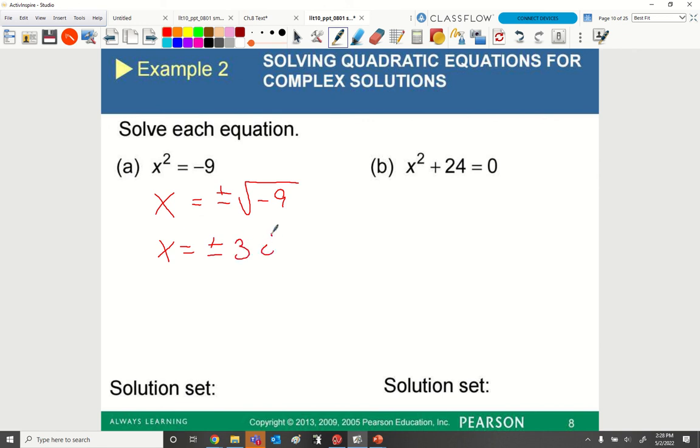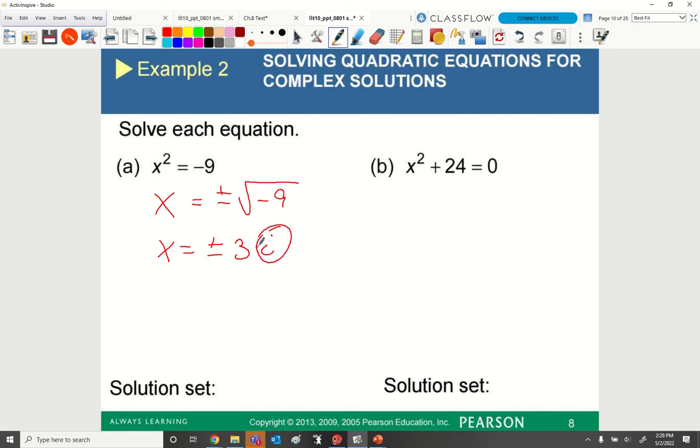Does that make sense? Now, as a solution, yes. If it's the -9, why do we need the plus? See, on the inside, this negative right here becomes the i. I factor that out.